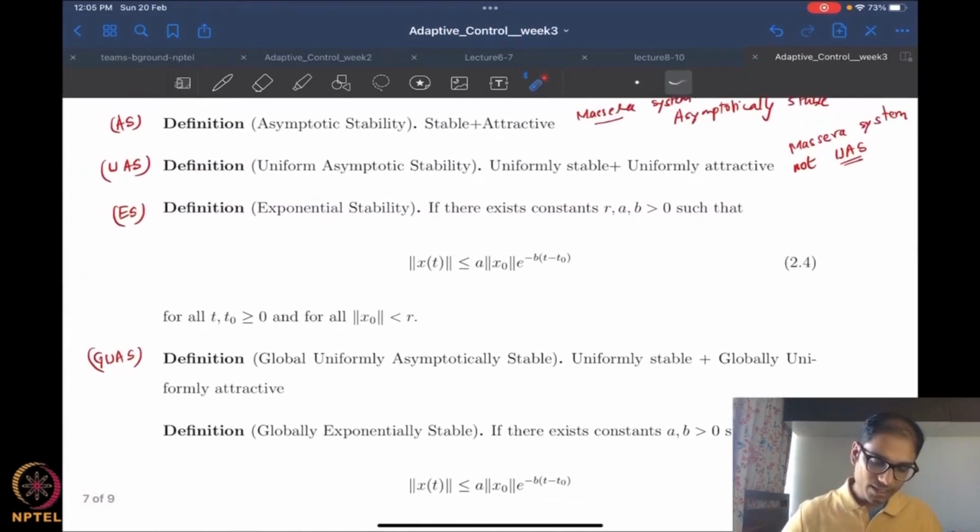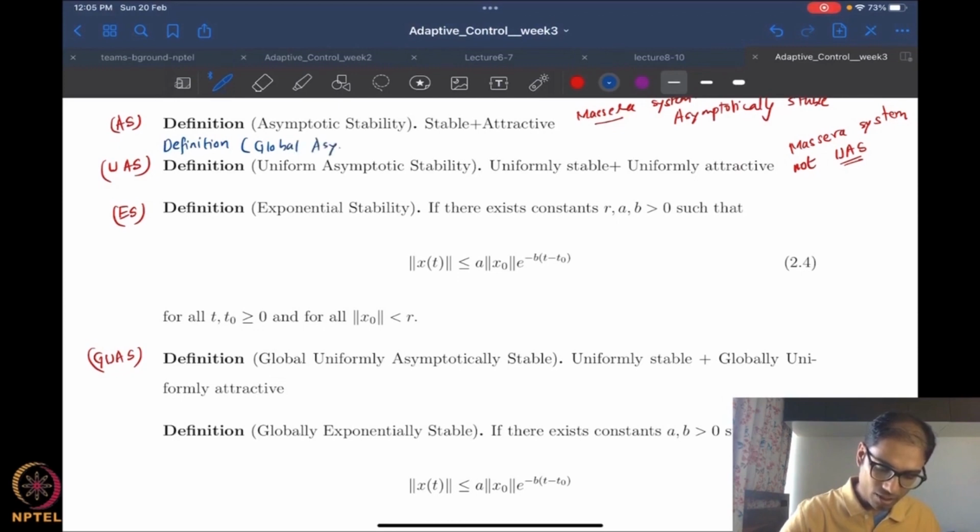However, there is of course a definition somewhere in between, which is not really mentioned here, but I will still put it for reference. Global asymptotic stability.